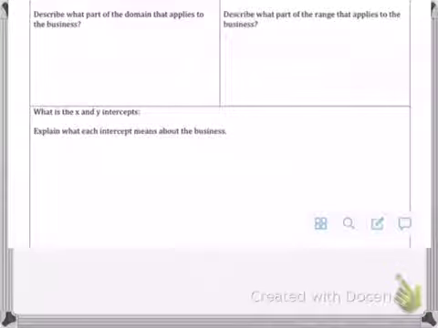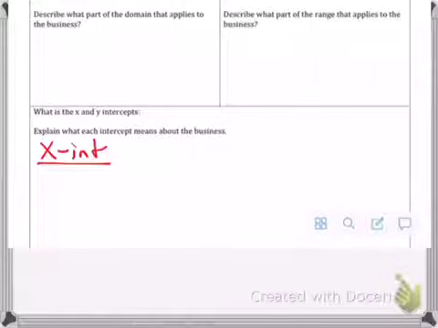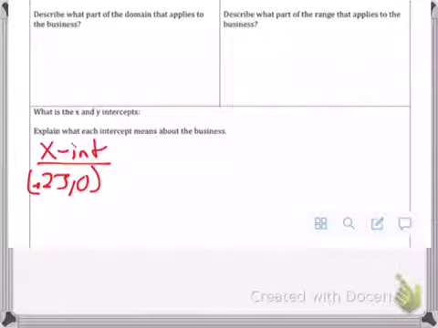Next one says, what are the x and y intercepts? So our x-intercepts were 0.23, 0, and 5.77 and 0.